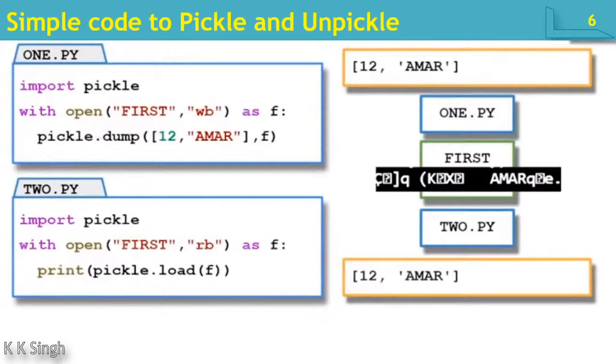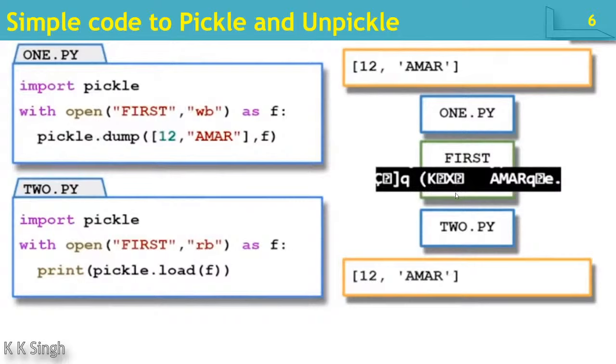So this is the difference of binary file if you compare this binary file with the text file. So in binary file, when the data is dumped, this is converted into the binary mode, or you can say the machine mode. And if you open this first file using notepad, you will see the characters will look like which are not readable.